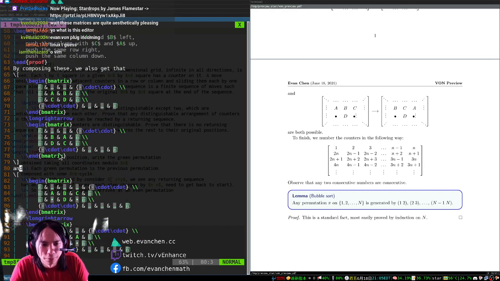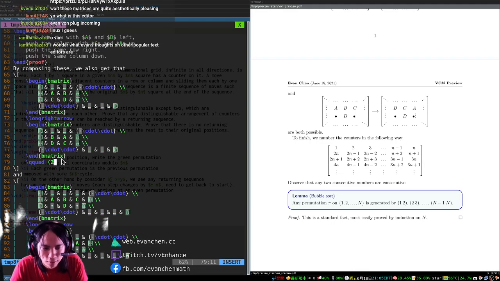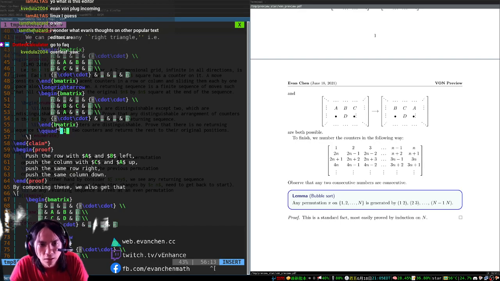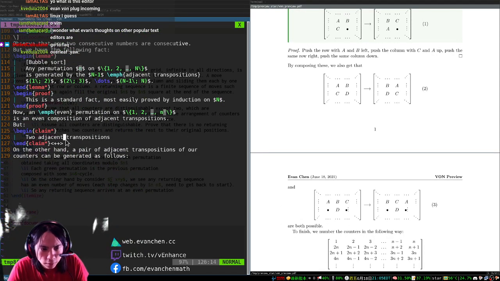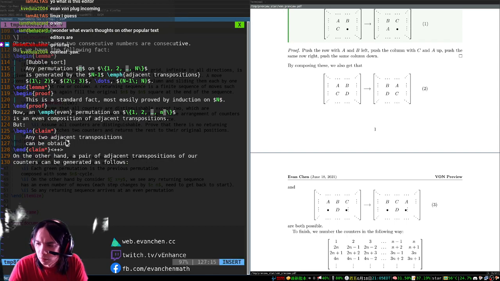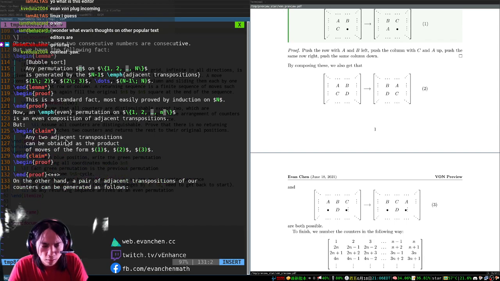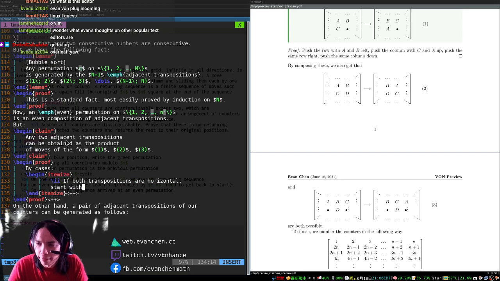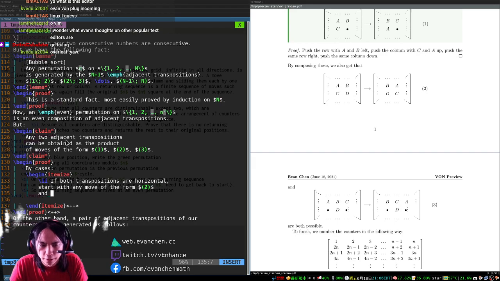Okay, I need to label these. If both transpositions are horizontal, start with any move of the form 2 and then move.